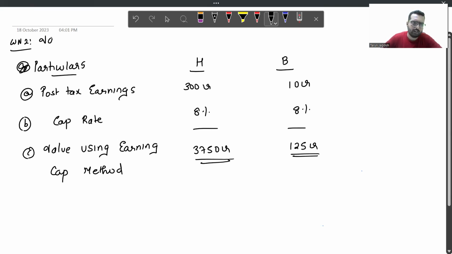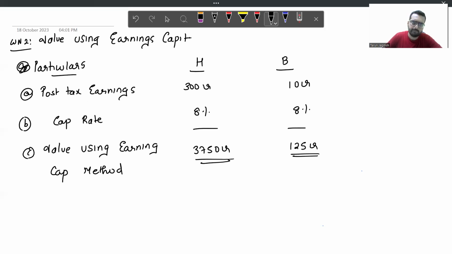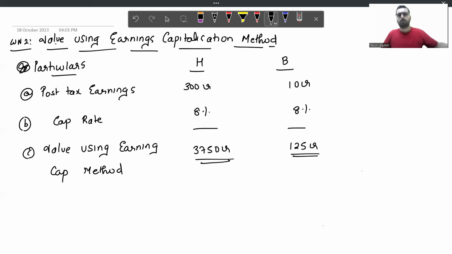So I'll write down value using earnings capitalization method. Wait, I think I can find out the per share value also, right?